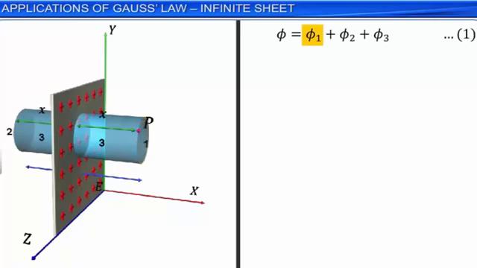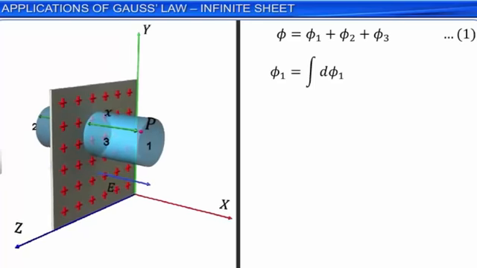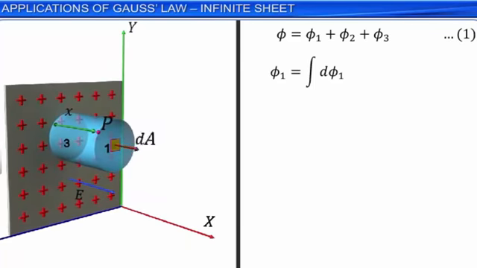According to Gauss law, we can write phi 1 equal to integral d phi 1. Here, d phi 1 is the electric flux through a small element of area dA on surface 1. d phi 1 is equal to E dot dA, where E is the electric field strength at the local element considered, and dA is the area vector with respect to the local element considered.